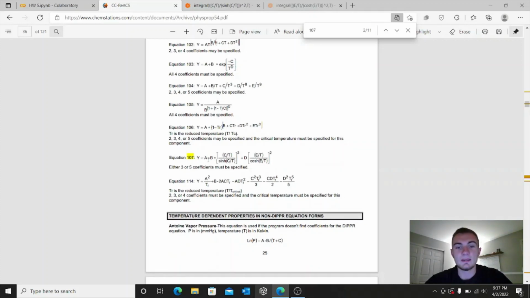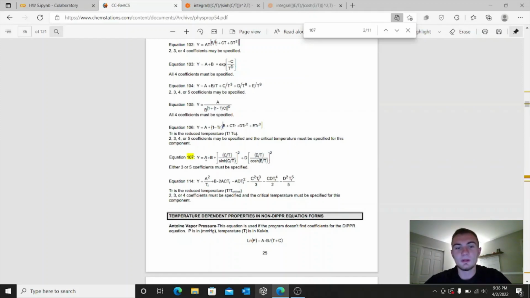So we have y equals a plus b times c divided by t over the hyperbolic sine of c divided by t, and this is squared, and then plus d times e divided by t over the hyperbolic cosine of e divided by t, and that quantity is squared as well. So a few things here. This y here obviously represents our heat capacity, and this is its dependence on the temperature.